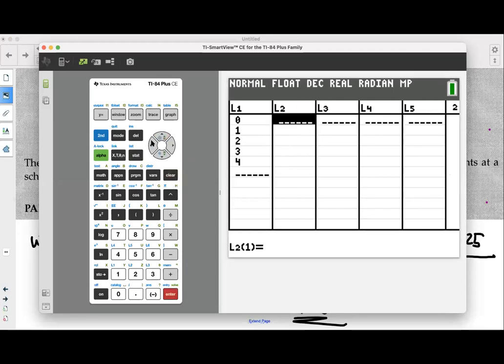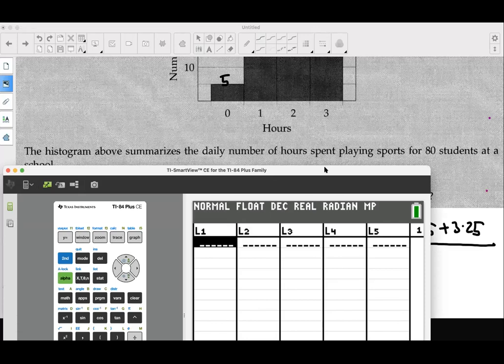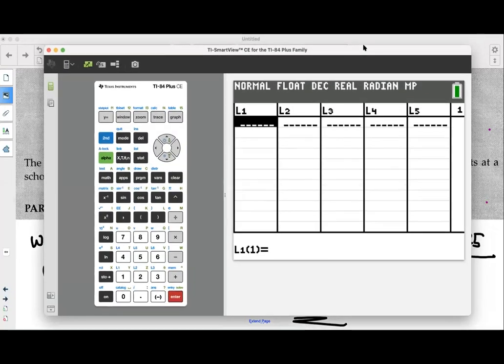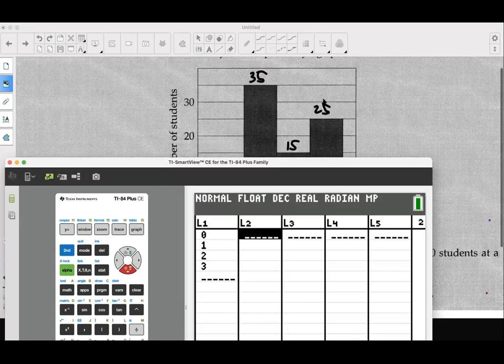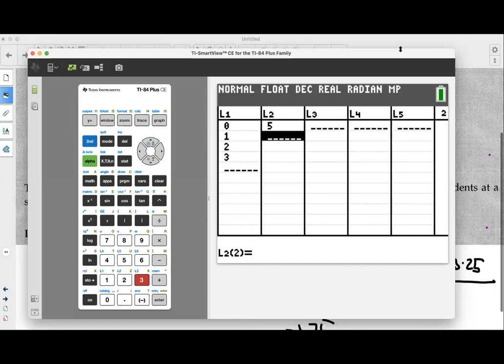So I'm going to clear this one. I'm going to clear this one. So the values were 0, 1, 2, 3. Those are the values. And then our frequencies were 5, 35, 15, and then 25.